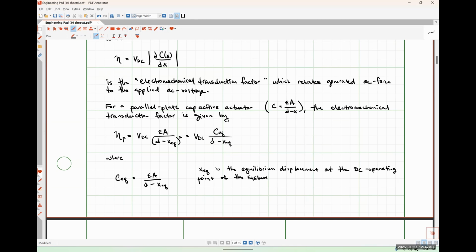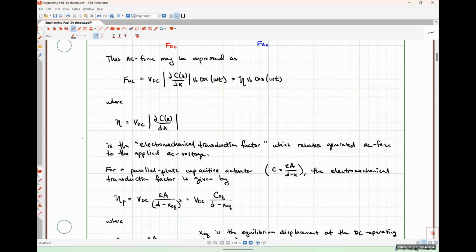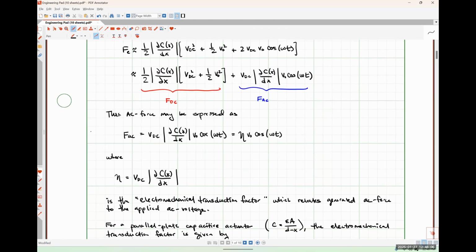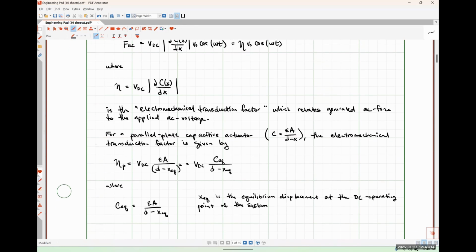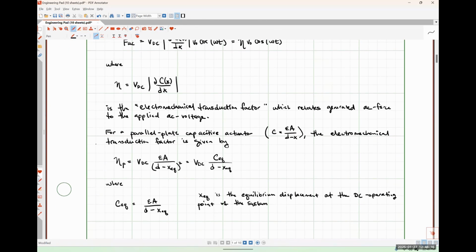What I mean by that very specifically is, if we scroll up here, this F_DC term is going to cause some amount of displacement at that particular point where we don't have any AC signal acting on anything. We just have the DC part. That is what I'm considering X_EQ. And then C_EQ is the capacitance at that DC operating point.